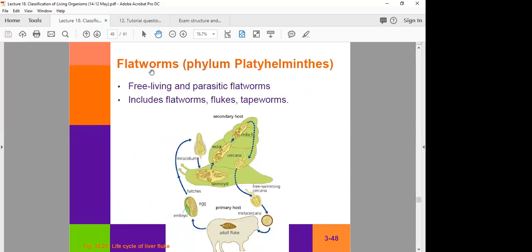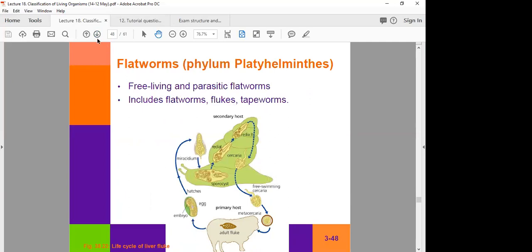All right, our next group are the flatworms belonging to phylum Platyhelminthes. This group includes both free-living and parasitic flatworms. This group includes flatworms, flukes and tapeworms.